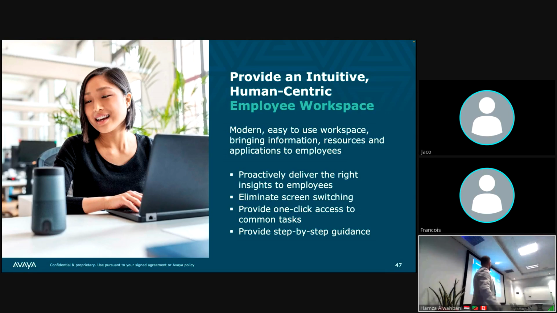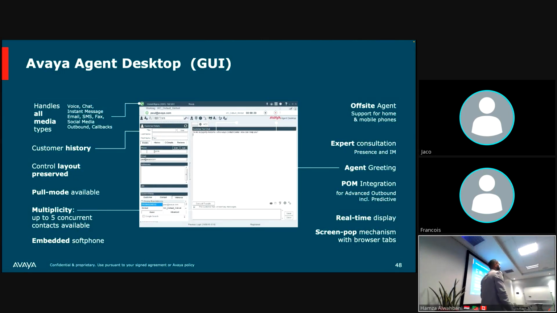We will see. This is the graphical user interface, which some customers select to go with, GUI. They don't like the web. So this is the application where you have to download it, Agent Desktop, to handle all the media types and to see the customer history, and the agent can handle 5 different contacts at the same time.